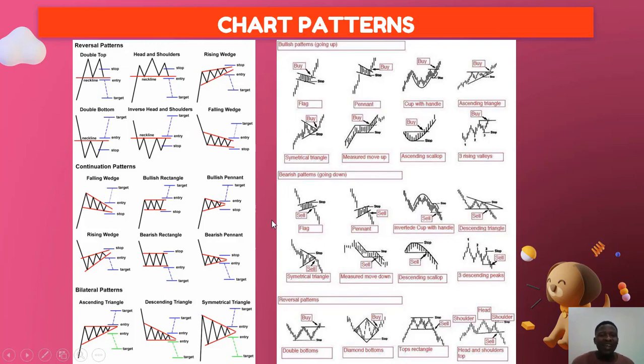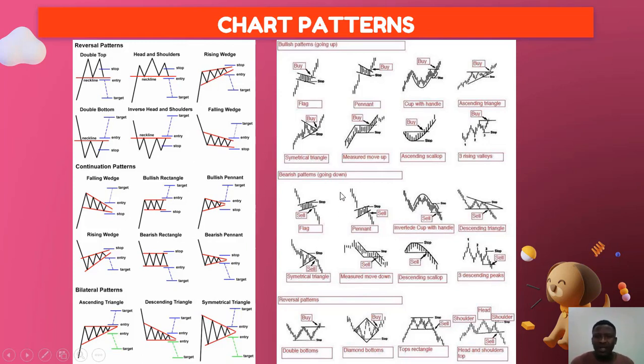So whenever a bearish chart pattern is being formed, that gives you a signal of a possible downtrend in price. And whenever a bullish chart pattern is formed, that gives you a signal for a possible uptrend in price. So you should ensure you look out for these chart patterns. Look at them here.